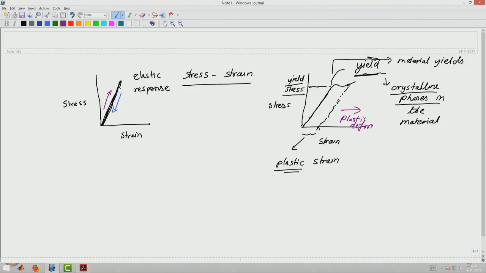So, generally when we observe plasticity in metals as an ideal case, the stress versus strain response is not really dependent on strain rate. Strain rate dependence is absent.